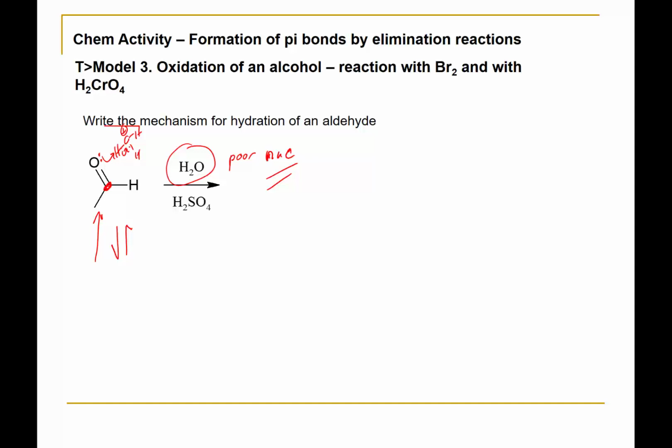The oxygen picks up a proton, and what we correspondingly have now is this protonated aldehyde. That is what gets attacked by our water. So the water in this context is going to act as a nucleophile. It will attack at our carbonyl carbon.